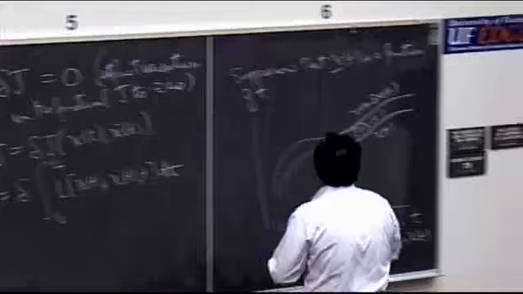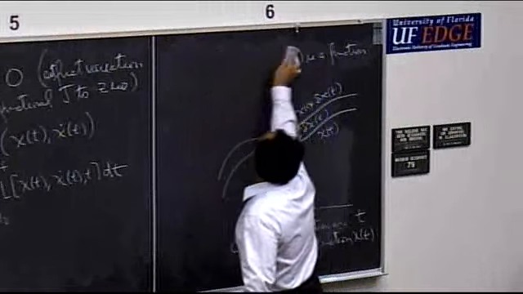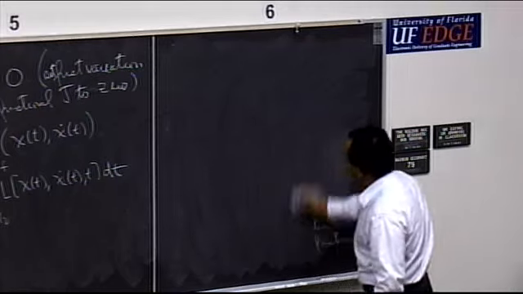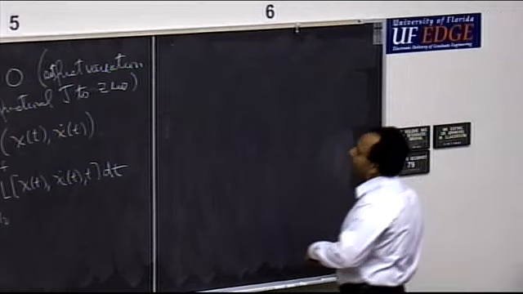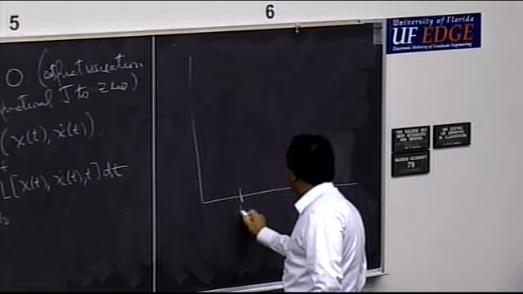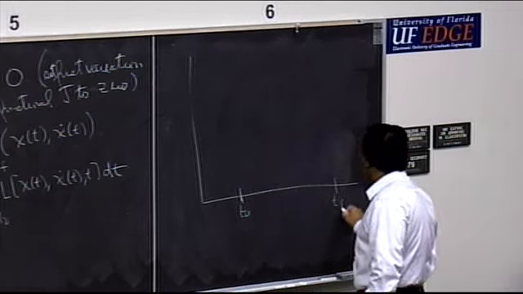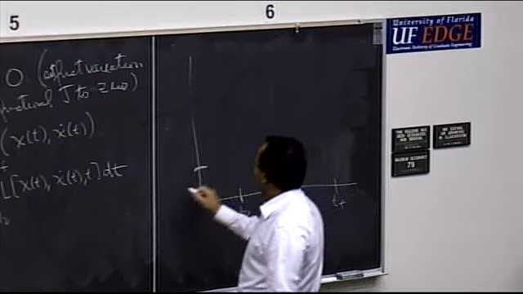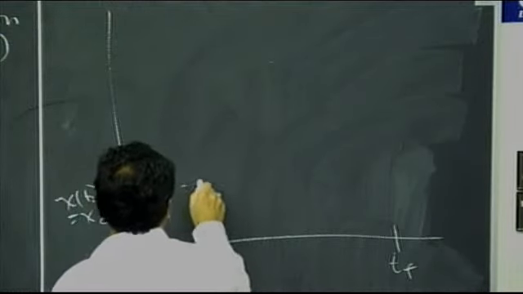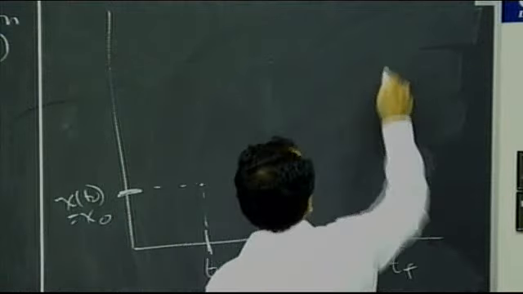What does this look like on a plot? I'm going to make another plot here, a little bigger. Here's t0, here's tf, here's x at t0, here's x at tf.